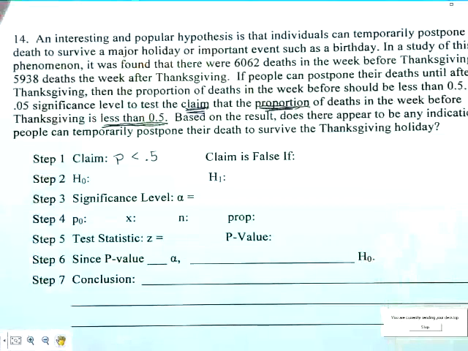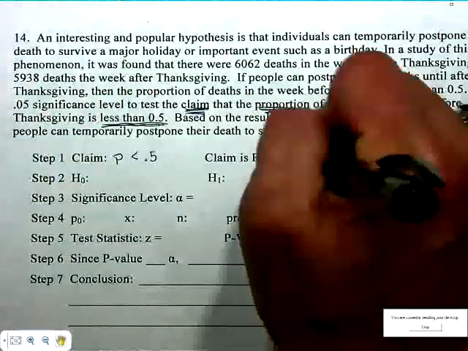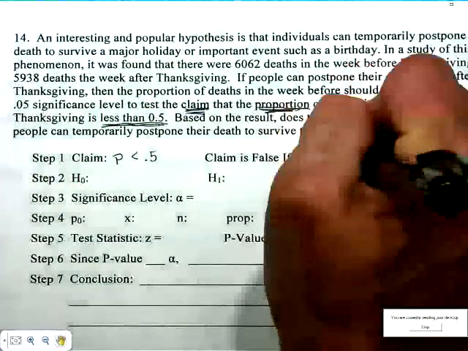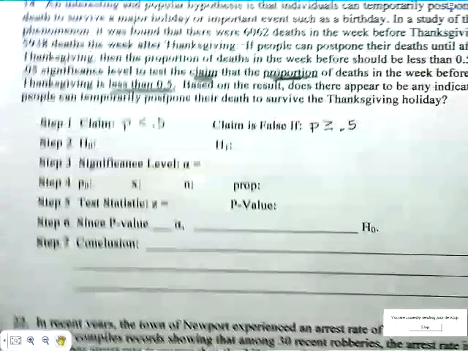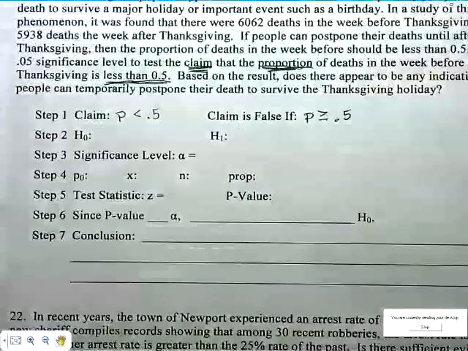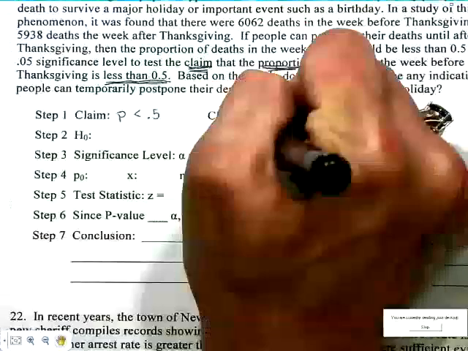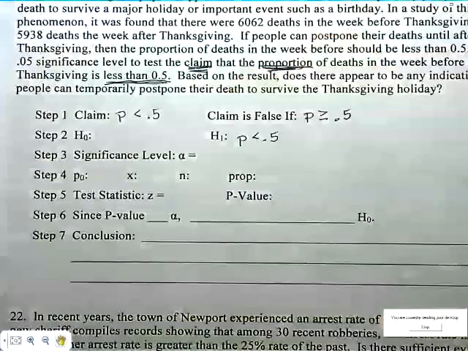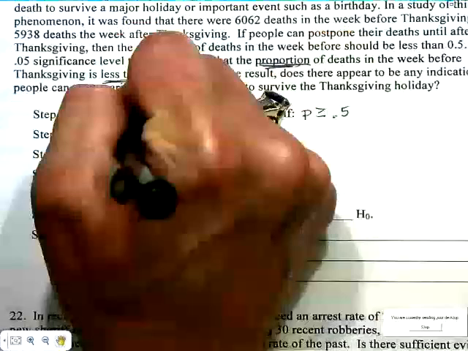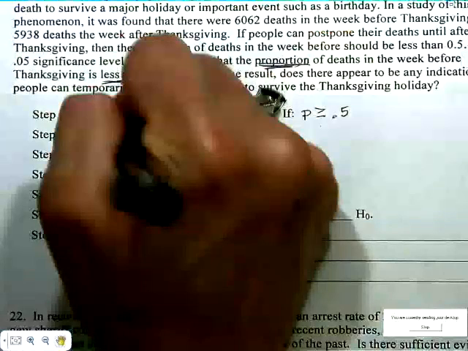And that's false if P is greater than or equal to 0.5. So the alternate hypothesis is the one without the equal to, and the null hypothesis is P what? Equals. Always, always P equals.